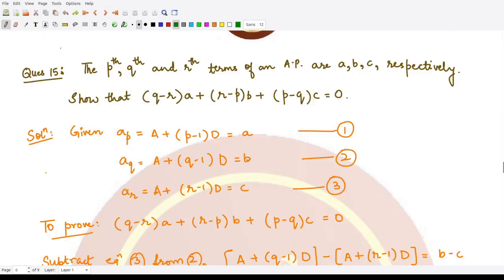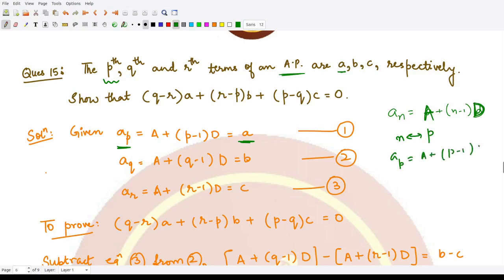Here for a given AP, the nth term a_n is given by a plus n minus 1 times d, if we take capital A as the first term and capital D as the common difference. So what would be the pth term? It is given to be equal to a, and if you substitute p in place of n, it would be A plus p minus 1 times D, which is equal to a.